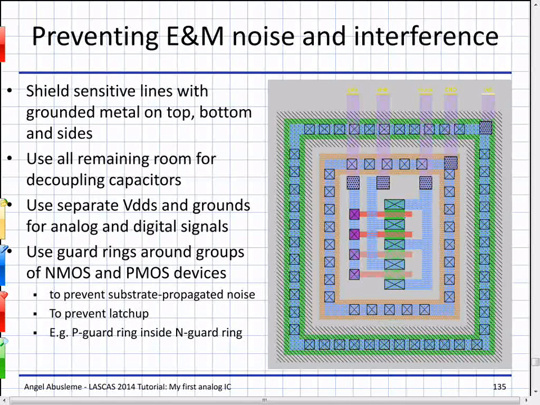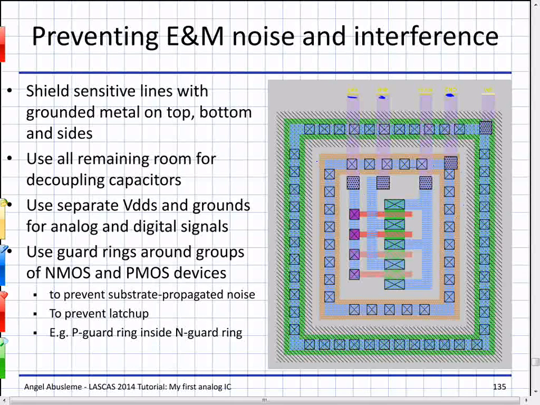So this is an NMOS transistor. This is the gate. This here is the drain. Here is the source of the transistor. And here is the substrate. So this is a body connection. This goes to ground, right? And the substrate is around this transistor.